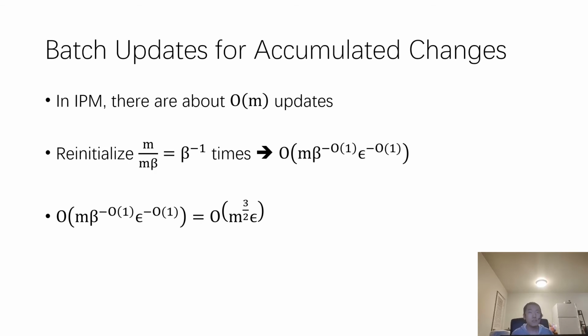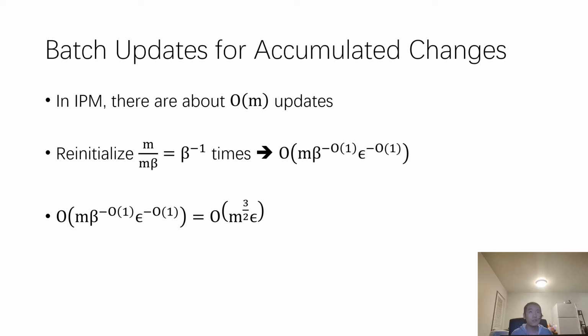We can prove that there are O of m edge updates in the interior point method, and since the data structure supports only m^beta updates before reinitialization, the total time for all the reinitializations is m times some polynomial in beta and some polynomial in epsilon. So by equating these two terms, we get a bound slightly faster than m to the 1.5.